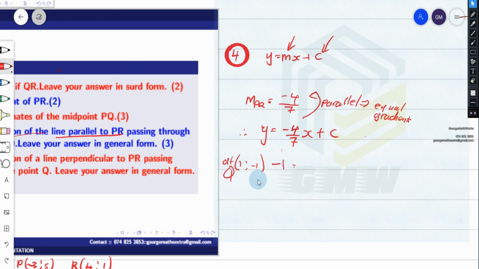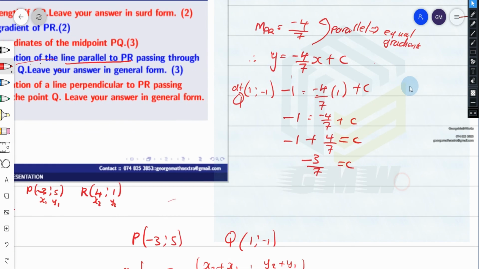So I have minus 1 is equal to minus 4 over 7, where there's x, I put 1, then plus c. So minus 1 is equal to minus 4 over 7 plus c. It's minus 1, then plus 4 over 7, is equal to c. If you simplify that, you will get minus 3 over 7 is equal to c.